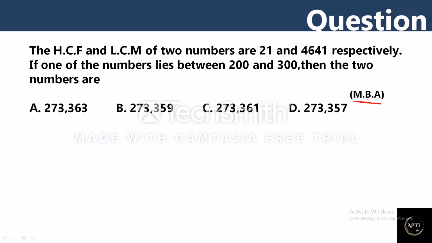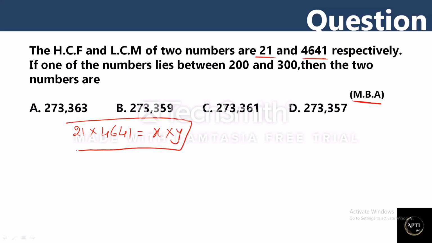So the HCF and LCM of two numbers are 21 and 4641. Already we know that LCM value into HCF value is equal to X into Y. We already know this rule. But here, how can we decide?